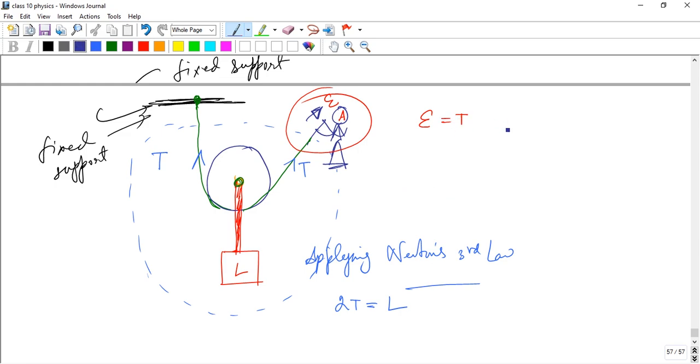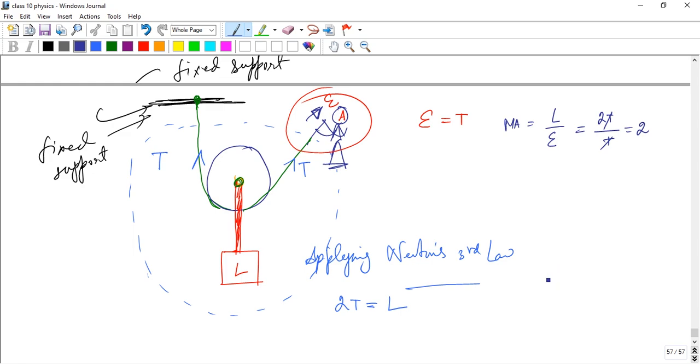So here the mechanical advantage equals load over effort. The load is 2T and the effort is T, so they cancel, and the mechanical advantage is 2. Okay, that is very important.